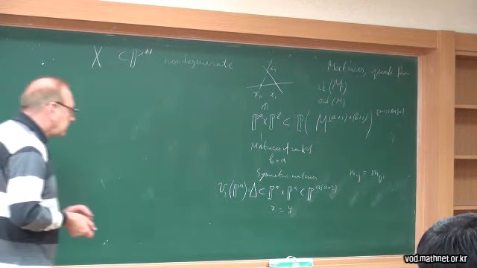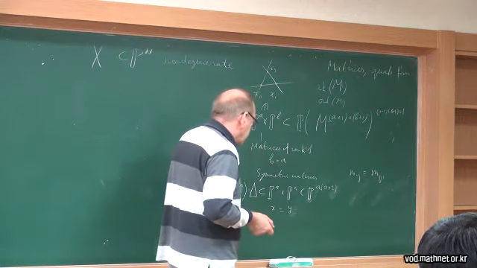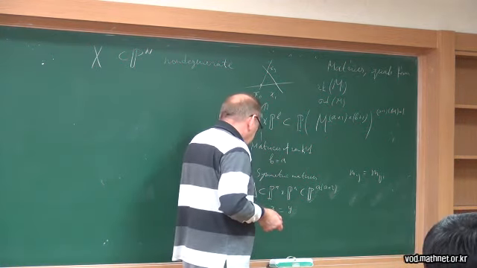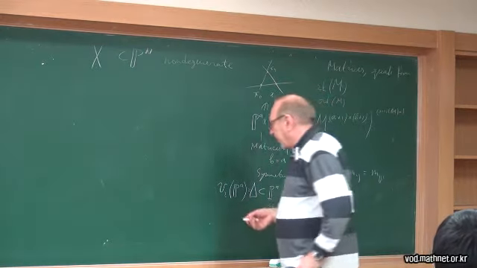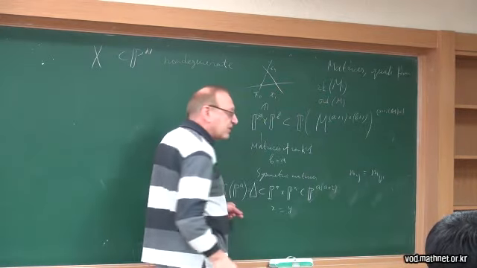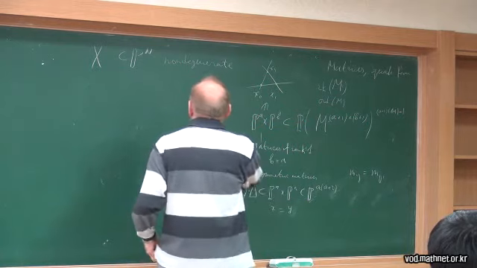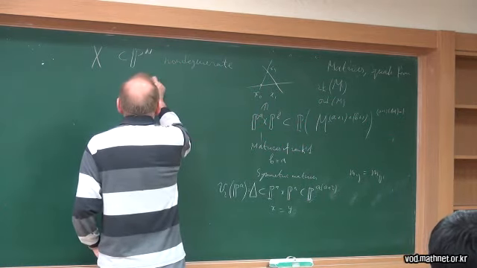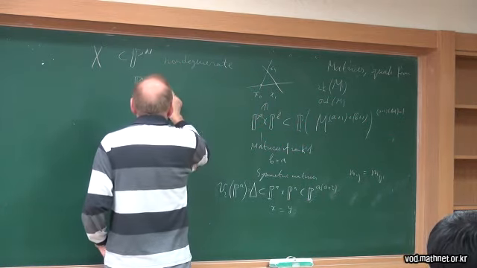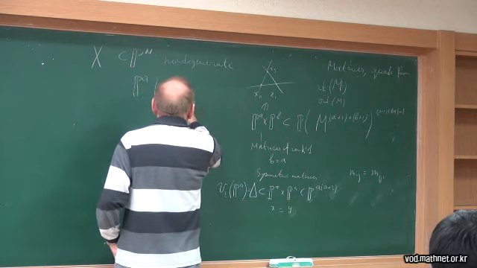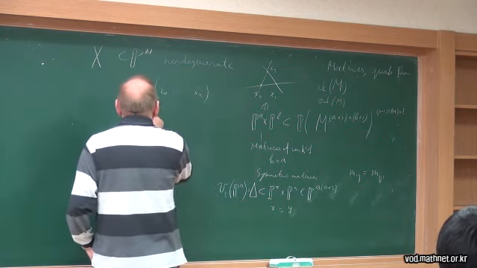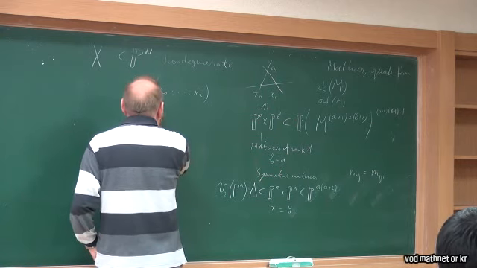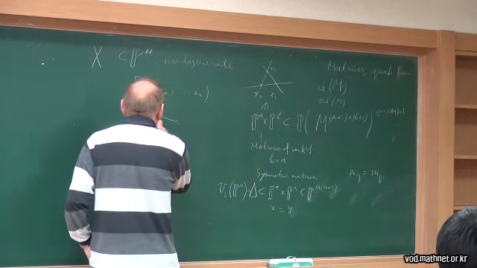And this is the Veronese variety, the second Veronese variety, obtained by embedding P^a by all monomials of degree 2. So you take P^a with these coordinates, and you consider the embedding defined by all the products.